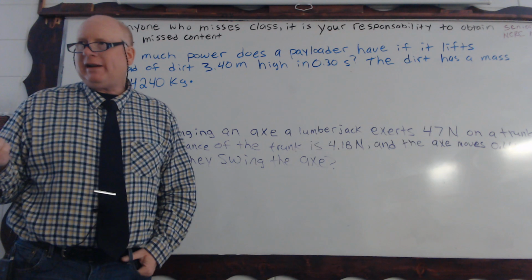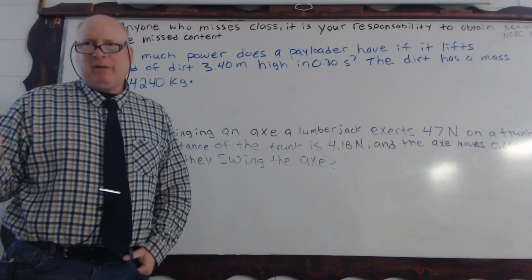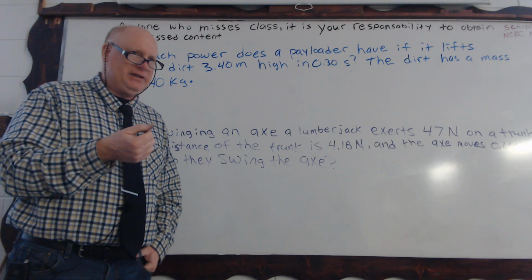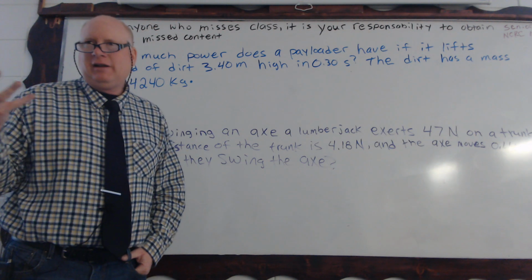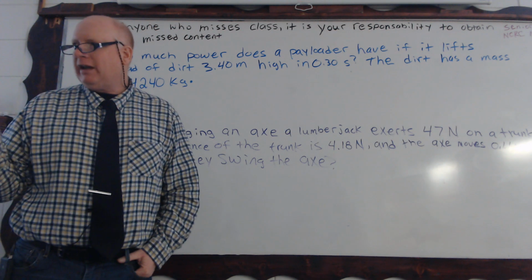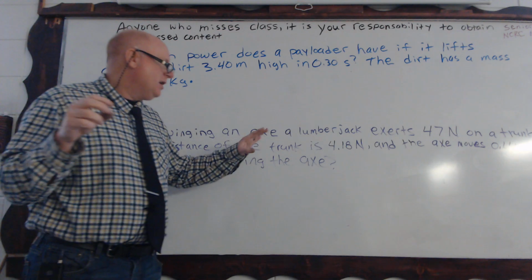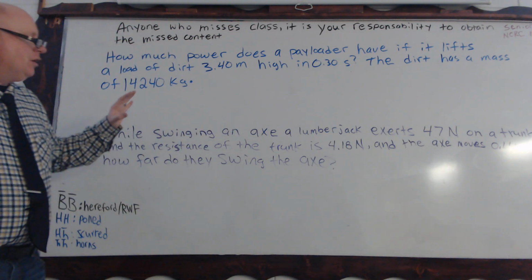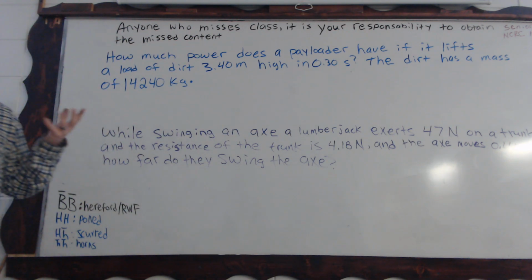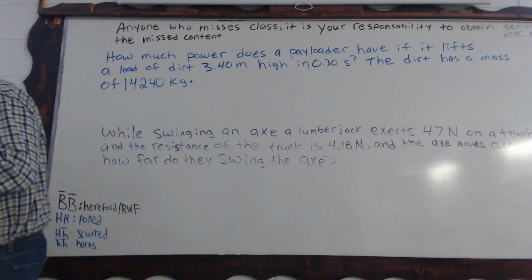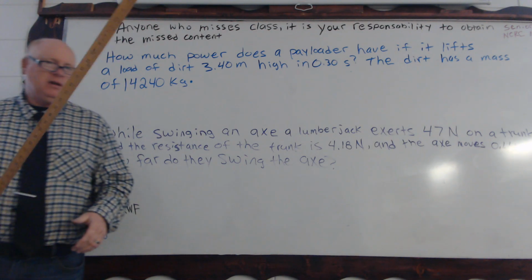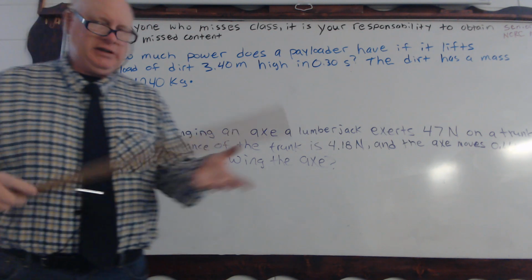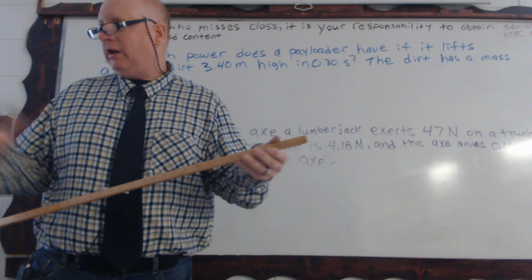Poor Jack gets saved by Rose by swinging the axe and busting the chain, and we said, well, not likely that would happen. But anyway, in the trunk of a tree, when a lumberjack swings an axe, you're going to meet a certain amount of resistance from the trunk of the tree.